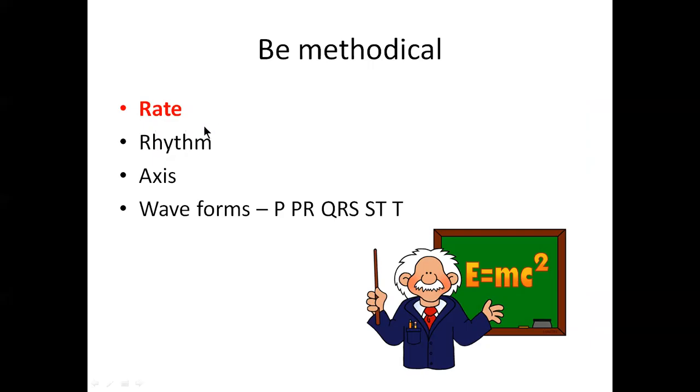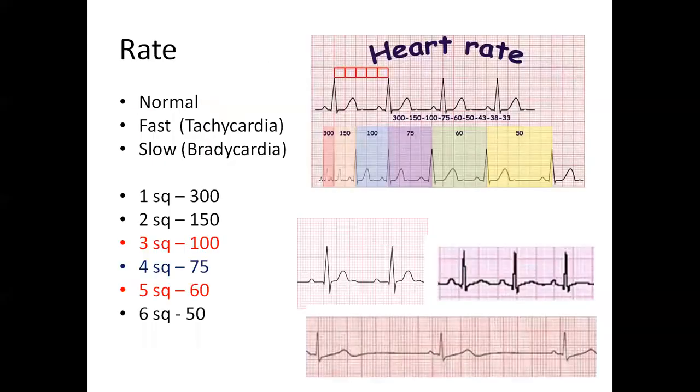So the first thing you check is the rate. There are many methods of checking the rate, and this is the easiest, and this is the one that I follow. You find a nice QRS complex, and then you find the one next to that. After that, you start counting the number of squares. If there is only one square between two QRS complexes, the heart rate would be 300. If it was two squares, that will be 150. Three squares, 100.